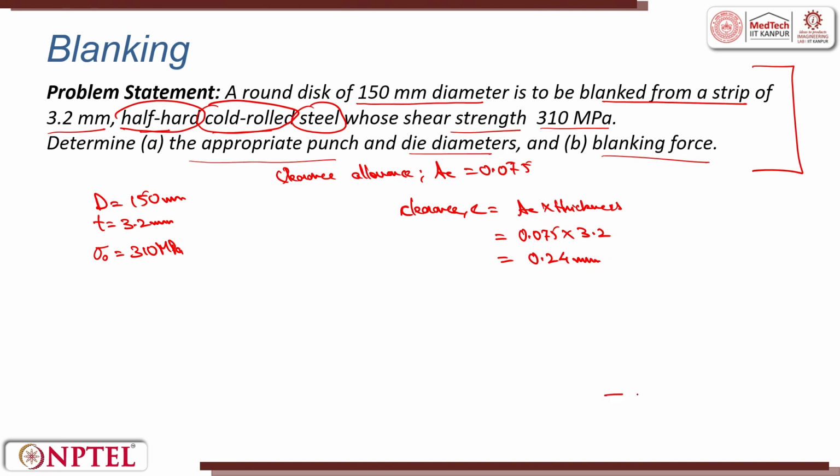So, in blanking, if this is a sheet and from here the blank is taken out, and there is a punch. This is our punch and this is my blank here. We have clearance here at this point. Clearance is at two sides.